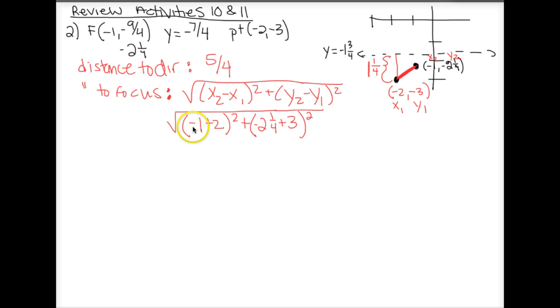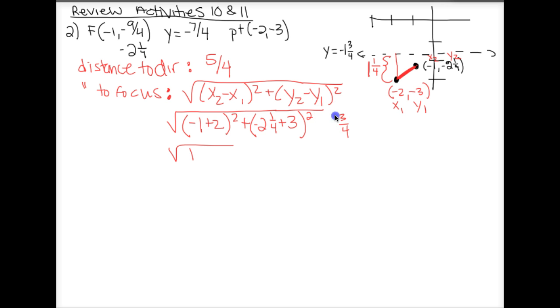So -1 plus 2 is 1, 1 squared is 1. So that's easy enough. -2 1/4 plus 3 is a positive 3/4. So 3/4 is what I get when I do this addition.